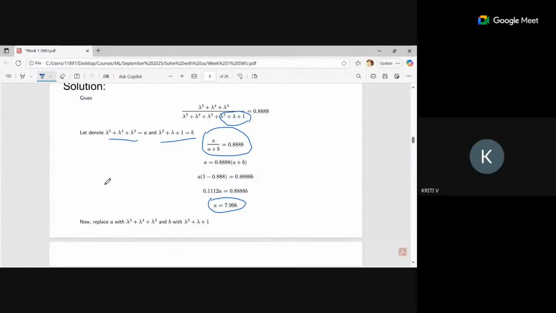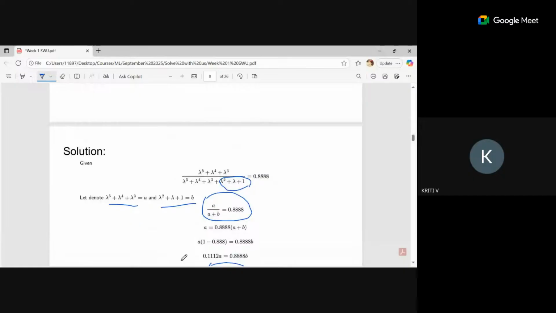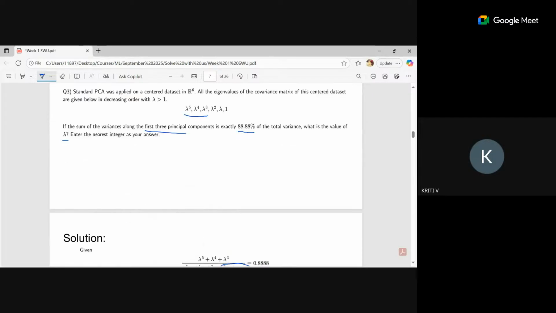Ma'am, so here now, I thought that these lambdas were different lambdas, right? For every round of this calculation that we do. This lambda to the power 5, power 4, I didn't understand how that works. Okay.